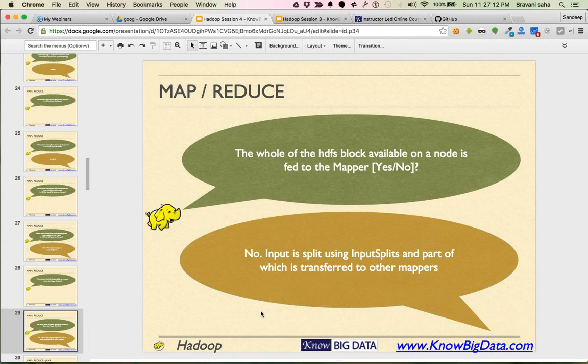So yes, we cannot feed the whole HDFS block to the mapper, because the way an HDFS block is constructed may contain partial data. Some of the data might be in another block, or some of the data might be in the previous block, right? Therefore, we cannot feed the whole data.